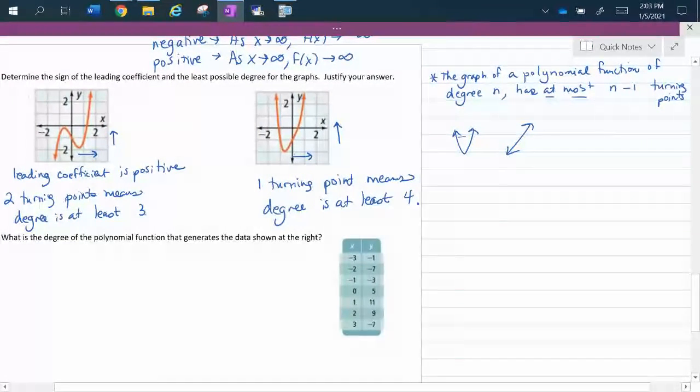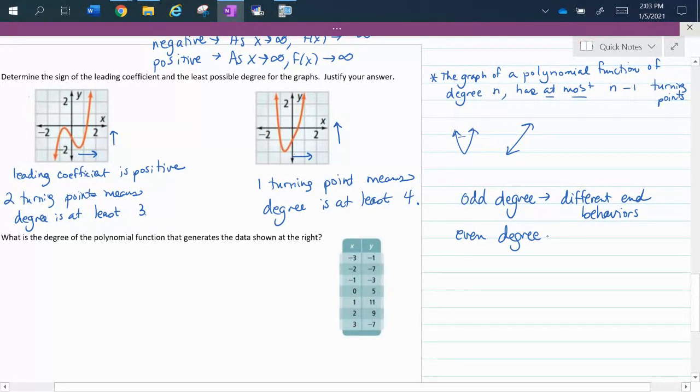So let's write that down too. Odd degree, different end behaviors. Even degree, like for example 2 or 4, then the end behaviors will be the same.